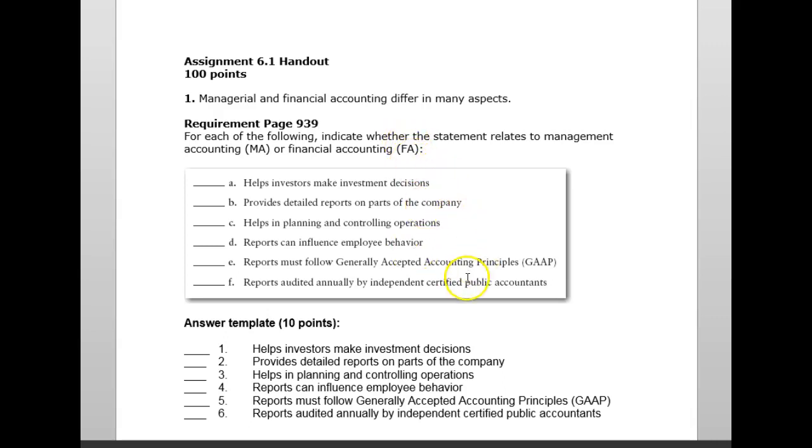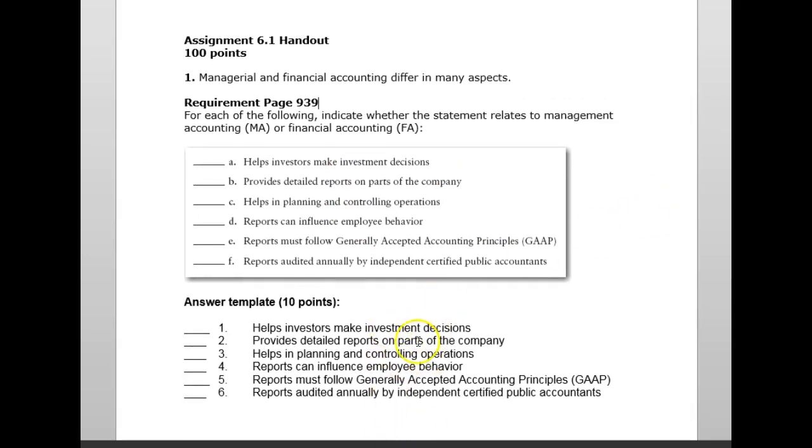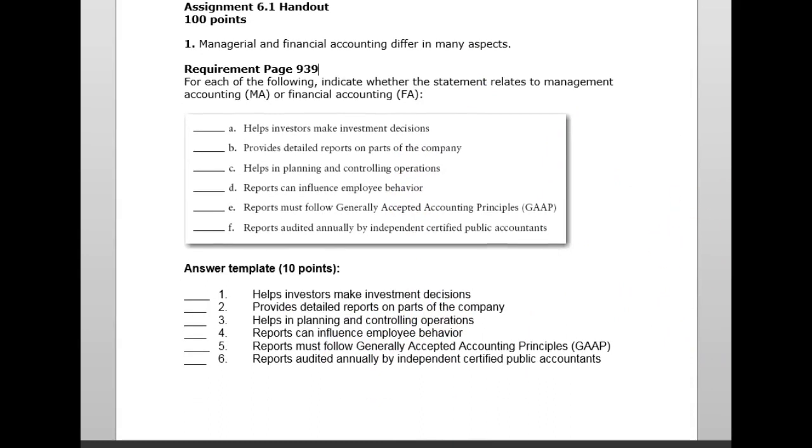And you'll just move down through there, seeing which stakeholder would use managerial accounting versus financial accounting. And here is a template that allows you to match these up, one way or the other.